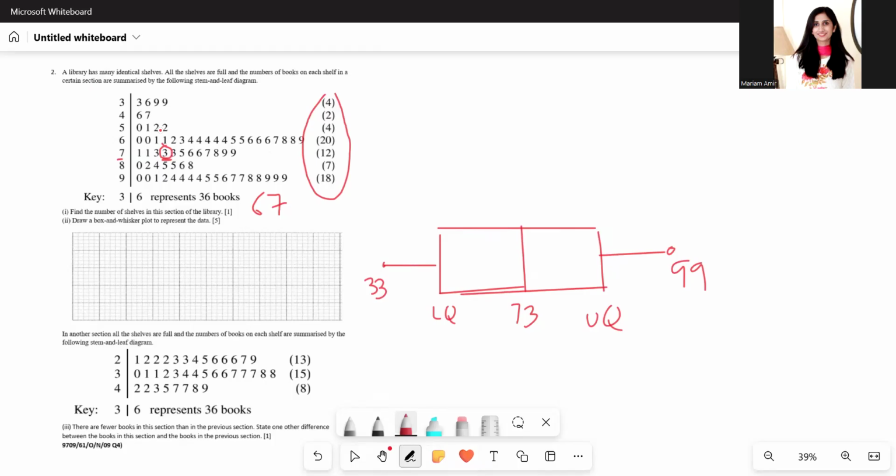Now what's in the middle? We do 33 plus 1 divided by 2. That's 17. So the 17th shelf is the lower quartile. 1, 2, 3, 4, 5, 6, 7, 8, 9, 10, 11, 12, 13, 14, 15, 16, 17, 64. So the lower quartile is 64.